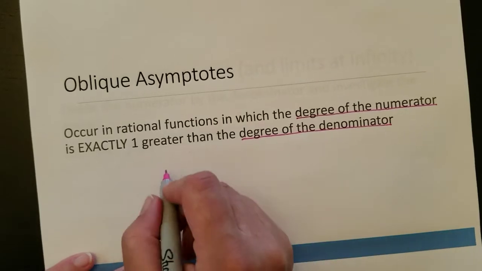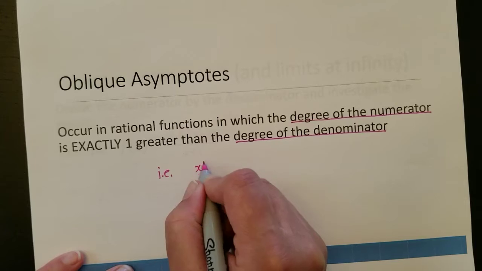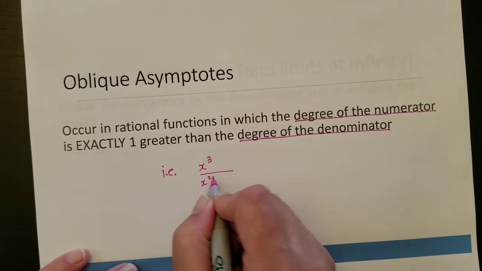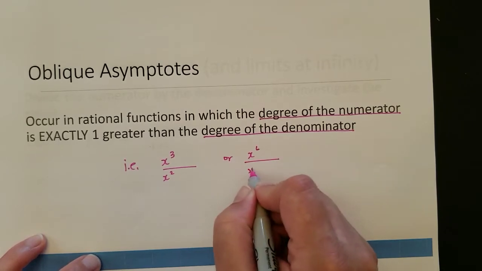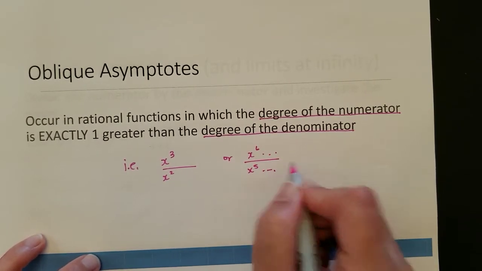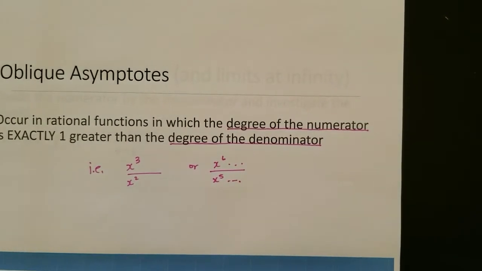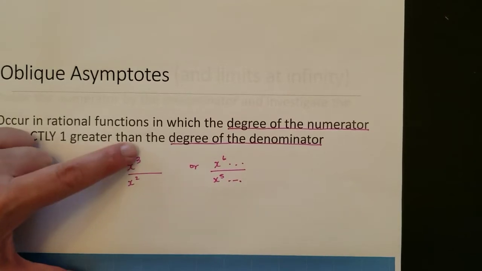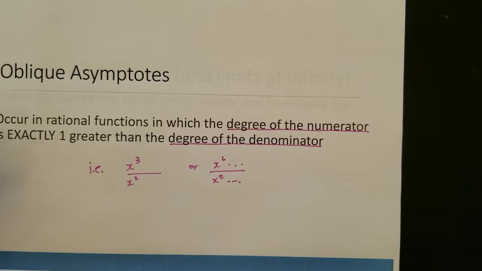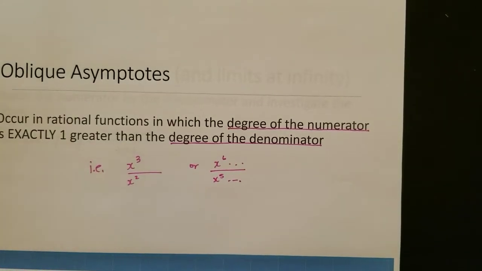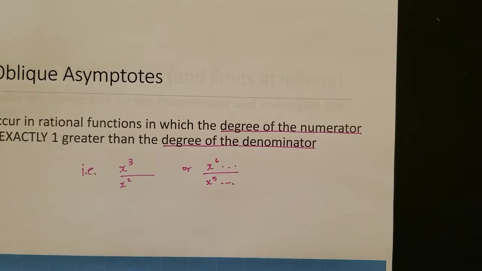So for instance, if you had, say, an x cubed over x squared with other stuff, or x to the 6th over x to the 5th with other stuff. Obviously, if you just had those two terms, it would just simplify to be a linear function. But that's the idea, that if you have a cubic over a quadratic, if you divide those out, we'll get closer and closer to a linear function.